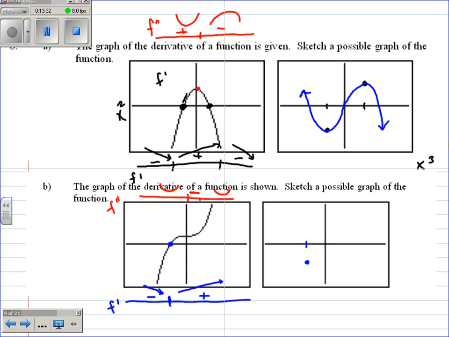So we want to draw something that's concave up everywhere, except right here it kind of flattens out for a little bit, like just a straight line with no concavity, and then it's still concave up. So this is our function, and it kind of looks like a quartic, because this kind of looks like a cubic. You're going up in power because this is the function and this is the derivative of the function.